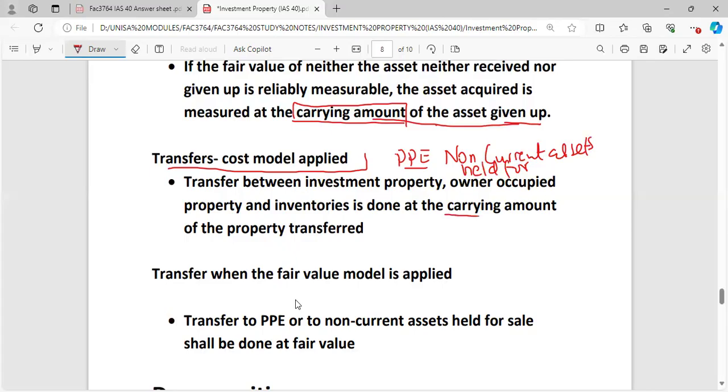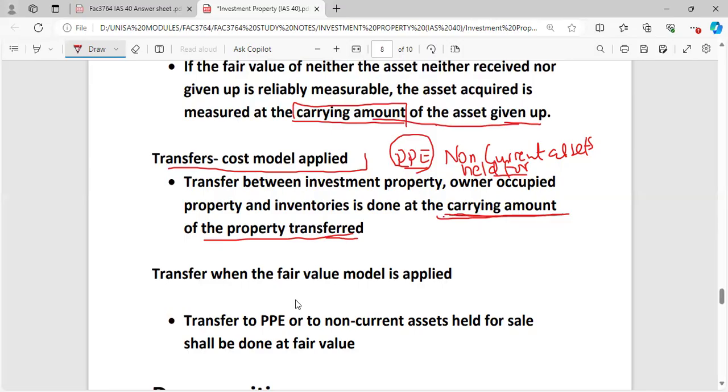So you are going to take the carrying amount of the property transferred. At the end of the year, if the investment property is now going to be transferred to PPE, then you just look at the carrying amount. Then that's the value that you take to the PPE. Even if we have to transfer it to non-current assets held for sale, we are going to take the carrying amount of the property transferred.